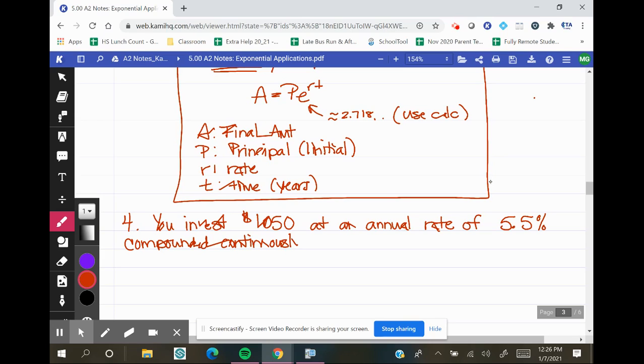So those keywords right there, compounded continuously. Really wish this wasn't lagging so much.